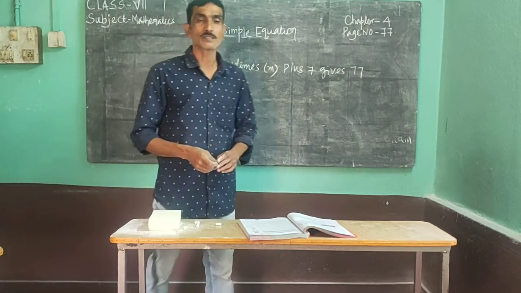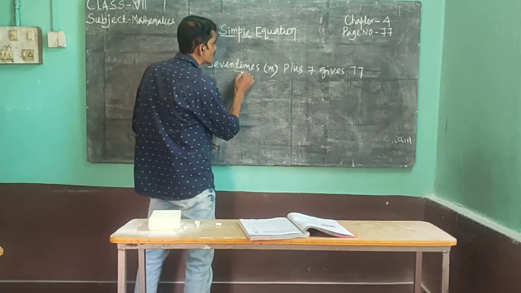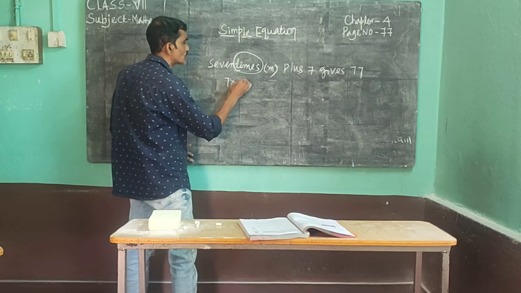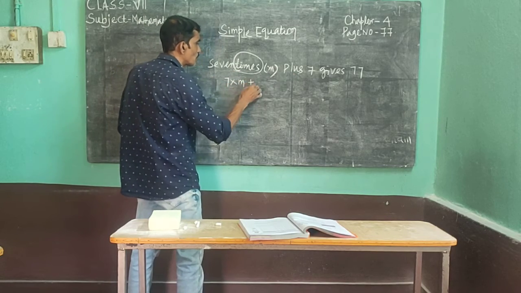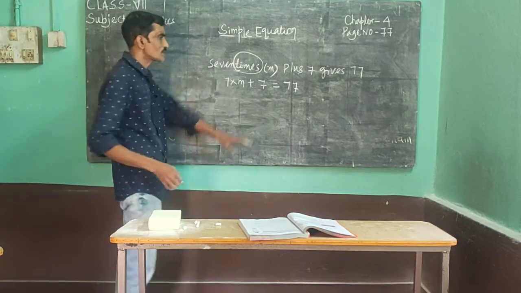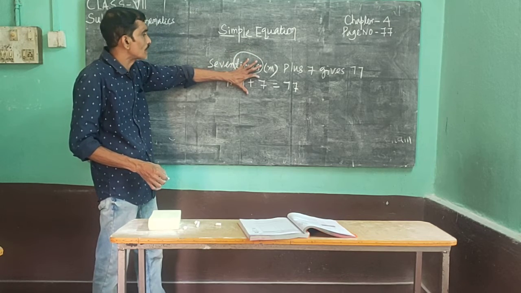First we have to convert it into the algebraic expression, then we have to solve. 7 times means multiply. That means 7 you have to multiply with m. Plus means plus sign, 7 gives equal to 77. That means this word expression I converted into the algebraic expression.